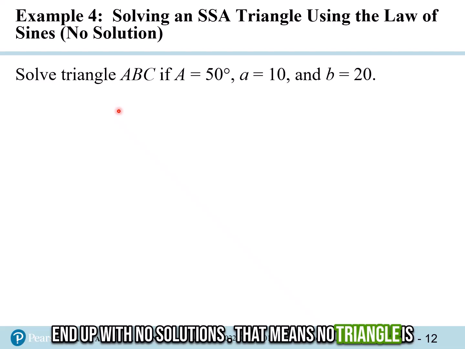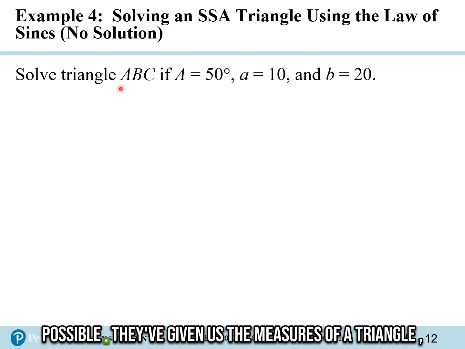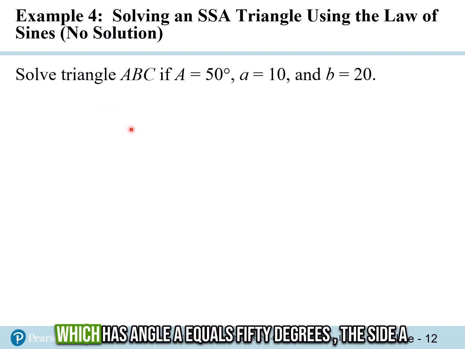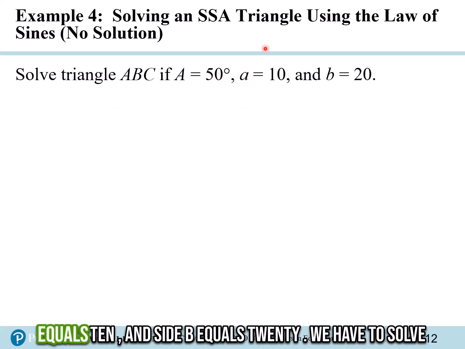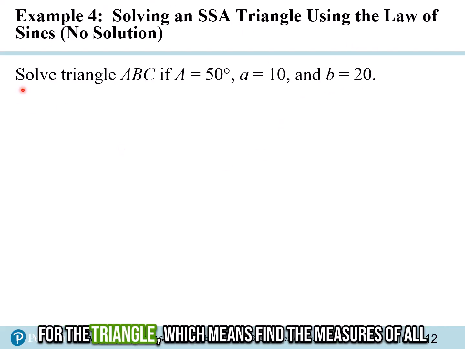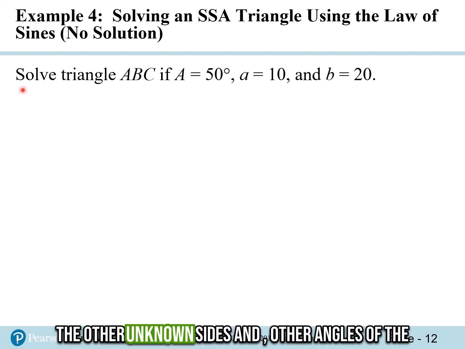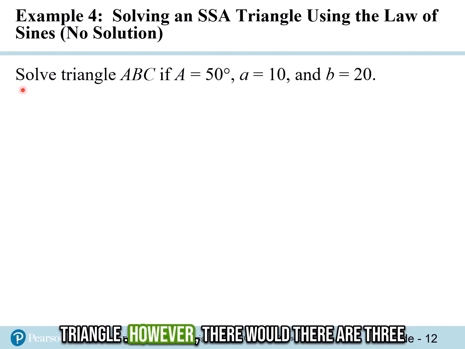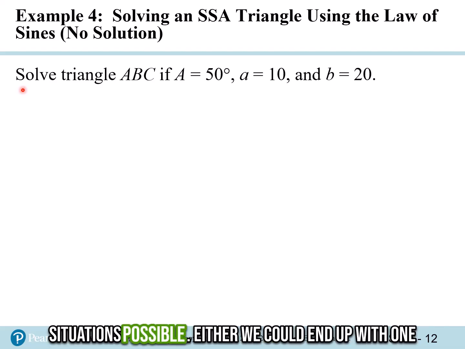Let's go through an example of an SSA case where we end up with no solutions. That means no triangle is possible. They've given us the measures of a triangle which has angle A equals 50 degrees, side A equals 10, and side B equals 20. We have to solve for the triangle, which means find the measures of all the other unknown sides and angles of the triangle. However, there are three situations possible.